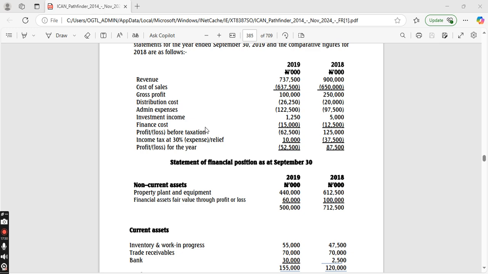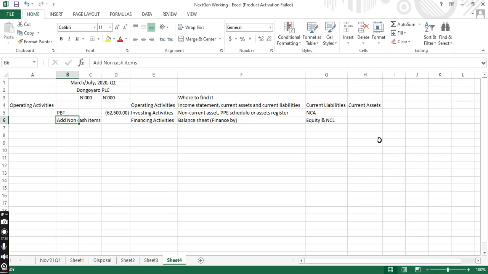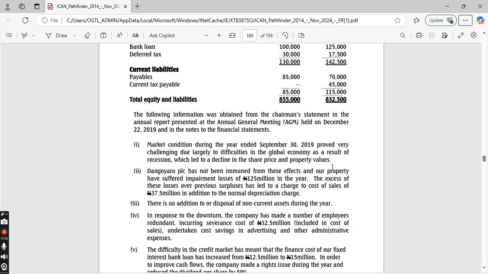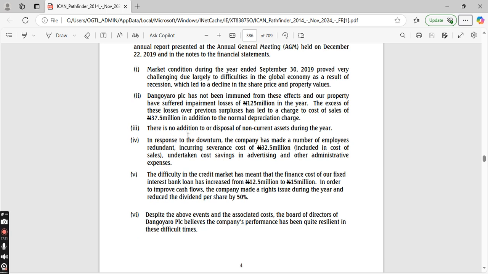Additional information in response to the downturn, right? Now, in response, the company has made a number of employees redundant, incurring a severance cost of 32.5 million included in the cost of sales.